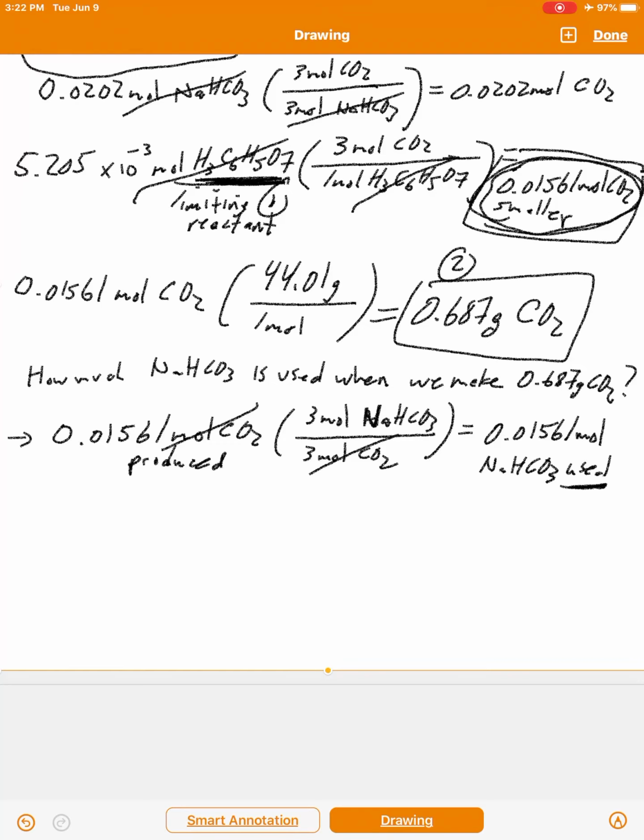I'll underline used, meaning in order to make 0.687 grams of CO2, we had to use a certain amount of sodium bicarbonate. That number right there is how much we used.